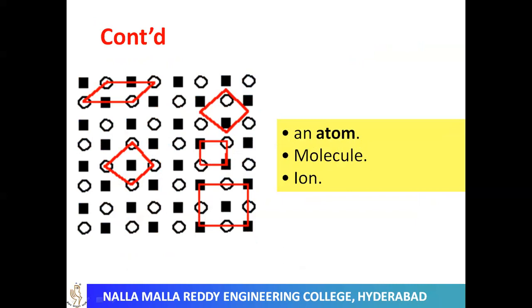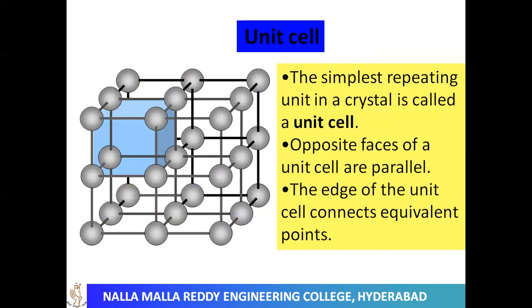Now, if we observe the crystal lattice in three dimensions, we can notice that there is a small group of lattice points that repeats itself again and again to form the entire crystal lattice.